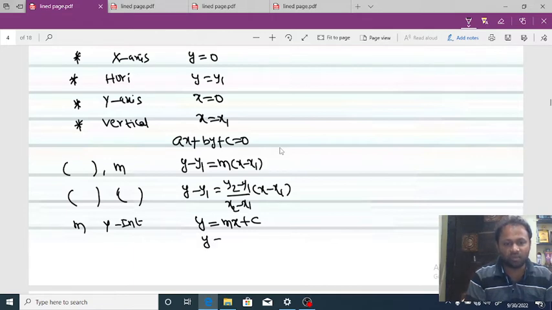Next, y is equal to m into x minus d. This represents the equation of the straight line whenever m as well as x-intercept is given. Next, x by a plus y by b is equal to 1. This represents the intercept form of a straight line.